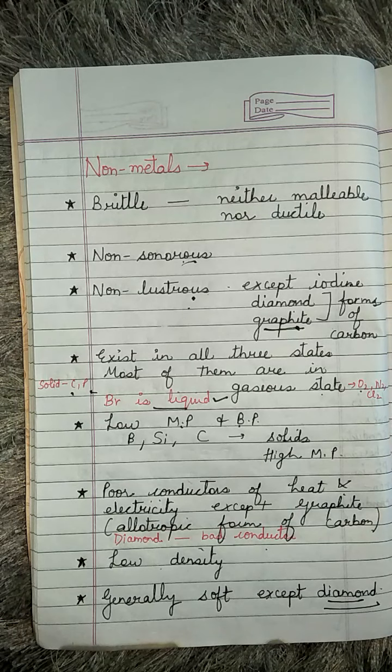Diamond is considered the hardest substance, and you will be surprised to know that the people who cut glass use a diamond cutter. The cutter they use has diamond in it.